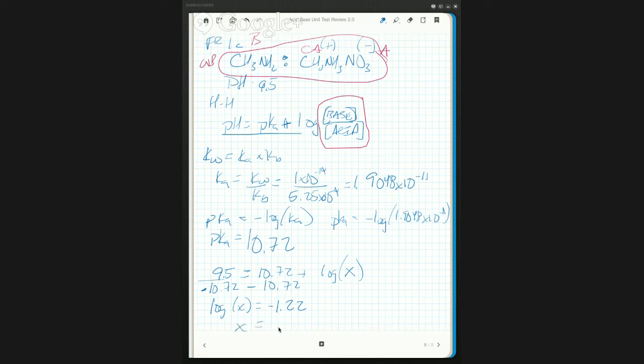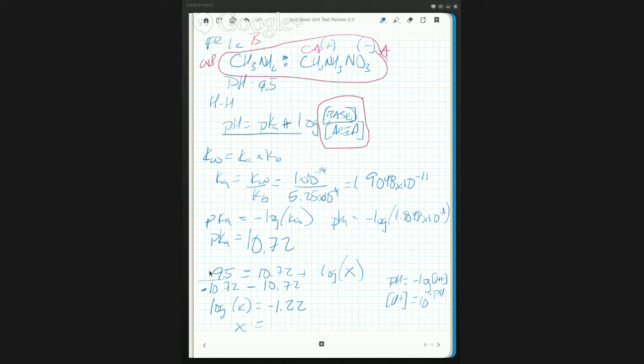And if you remember, pH is equal to negative log of the concentration of H plus. So if we reverse that around, H plus is equal to 10 to the negative pH. So that negative carried across.